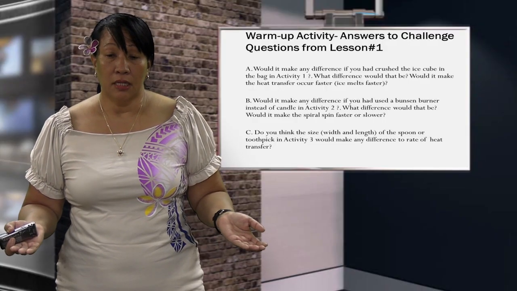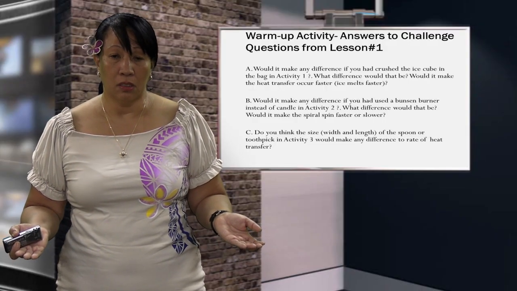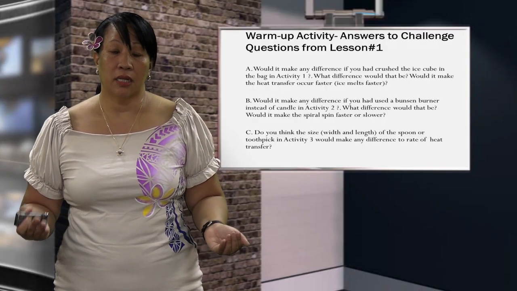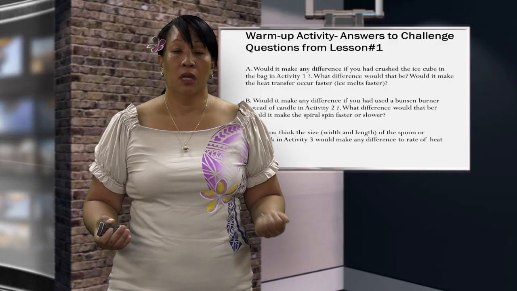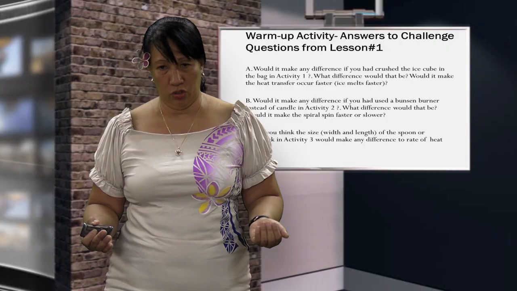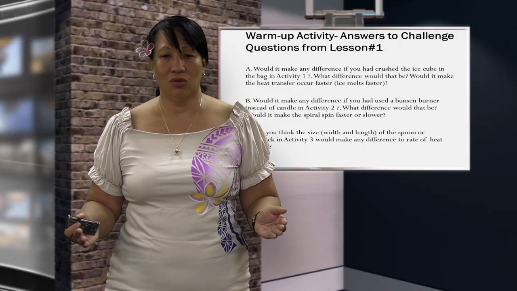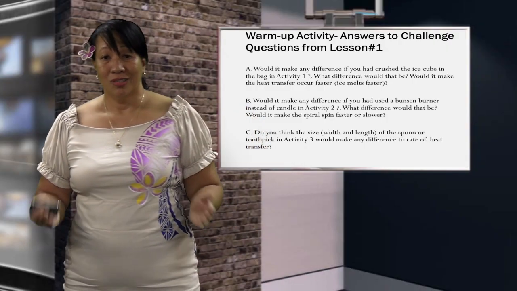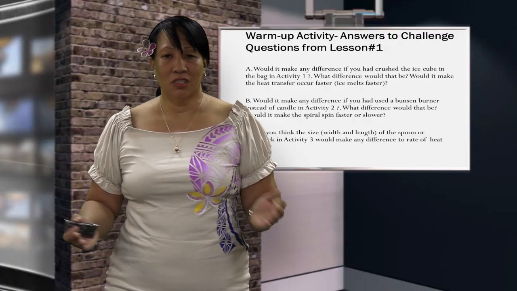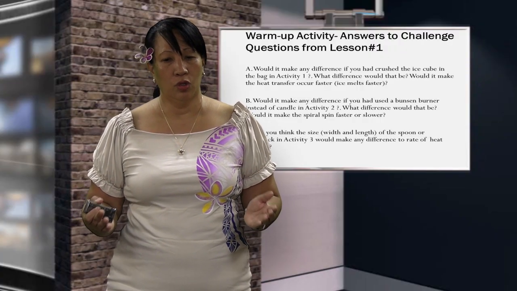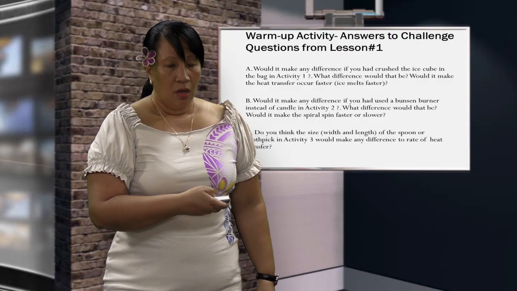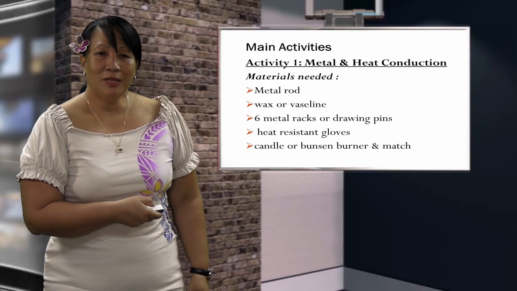And in mathematical terminology, you can say that the rate of heat transfer is inversely proportional to the size or the width of the length. So you see, there is always a connection to mathematics and why it's important for you to learn mathematics. Okay, that's our warm-up activity.